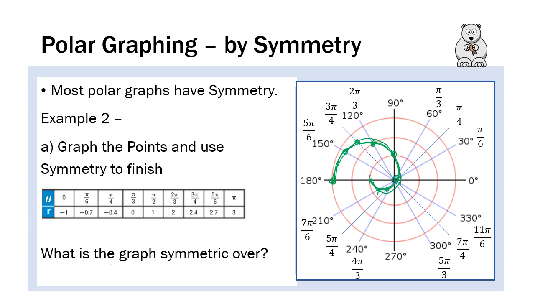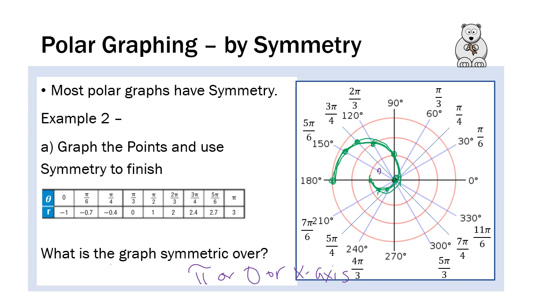If it's symmetric over the pi, or 0 line, or you can even say x-axis, and I'll be happy because I know that you understand where that is. If it has symmetry over that, the 7 pi over 6 is going to match symmetrically with the 5 pi over 6, and so that was right here.